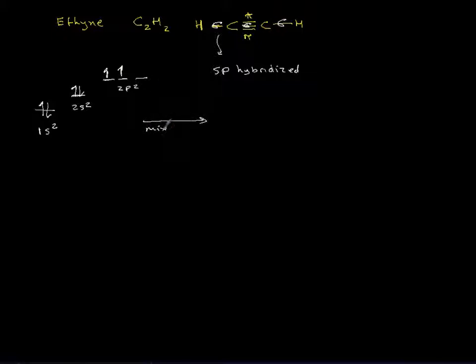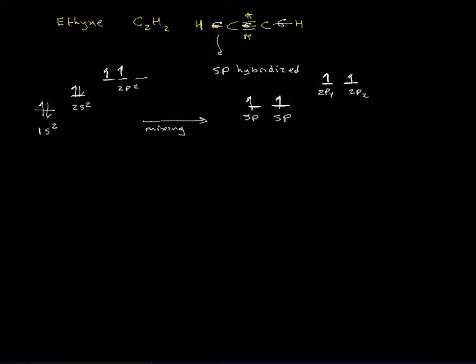So hybridization is mixing of atomic orbitals. Now I only need 2 sp. sp hybridized, sp hybridized, and I will have 2 of my p's unhybridized. 1 electron in each. 2p sub y, 2p sub z, 1 electron in each.